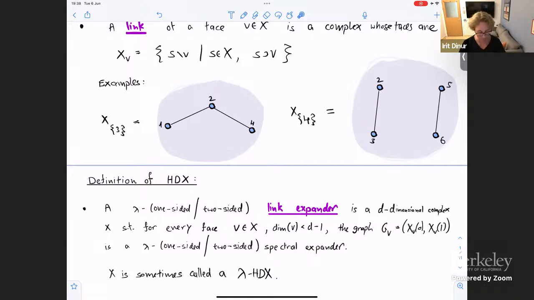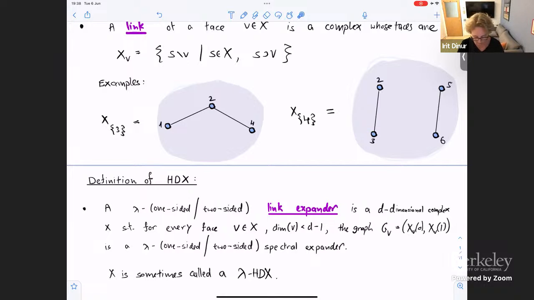So the definition is going to talk about what happens in the links. We're going to say that a d-dimensional complex X is a lambda link expander if for every face V in our complex whose dimension is 2 below the top dimension or even smaller.